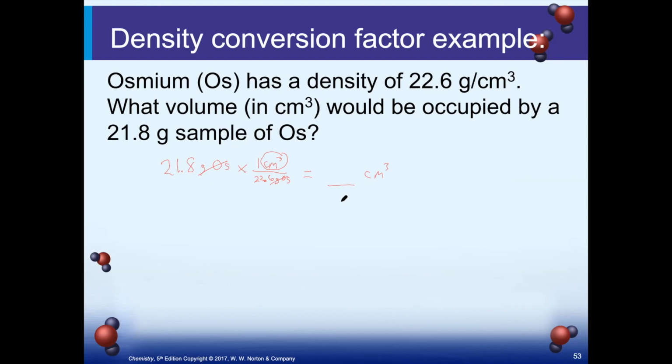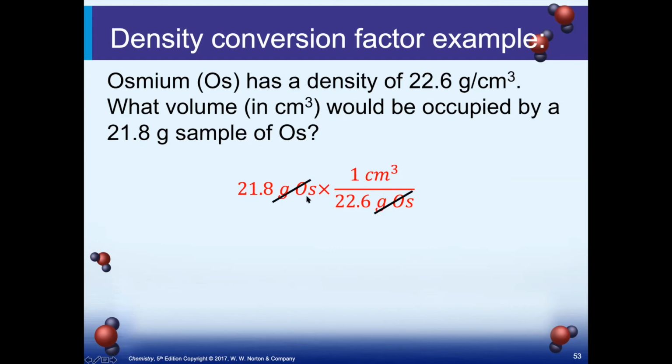So let me erase that, and I'll show it to you with the PowerPoint. So 21.8 grams of osmium, and you just multiply that times the density used as a conversion factor, where I put the 1 cubic centimeter on the top, and I put the mass that is in 1 cubic centimeter on the bottom, and so the grams.